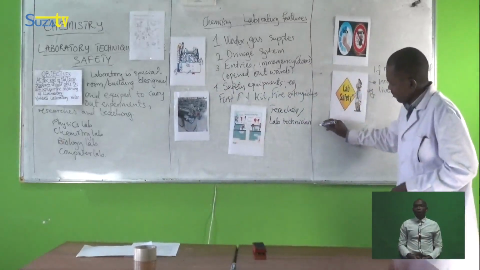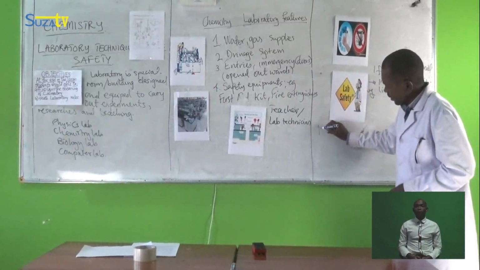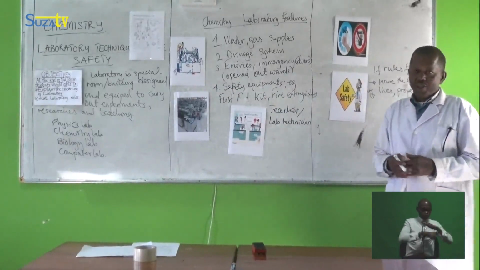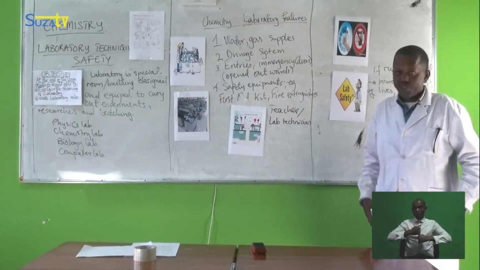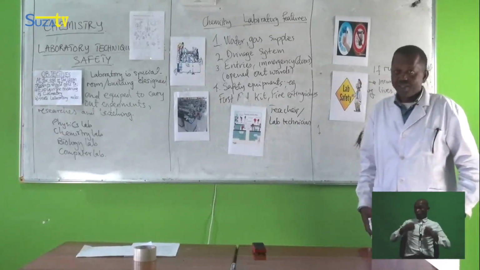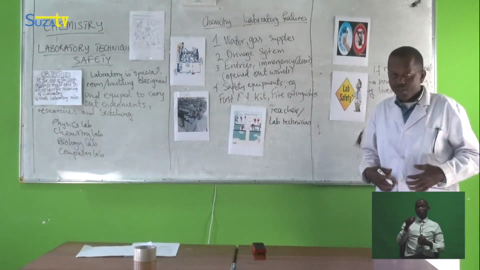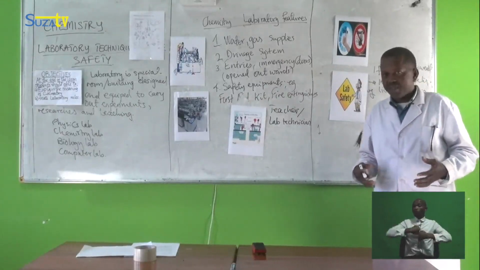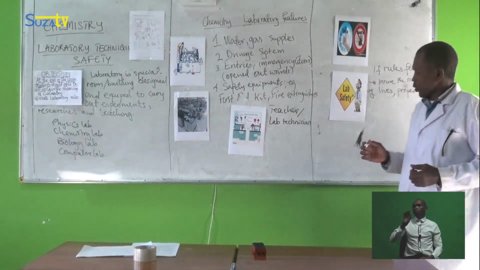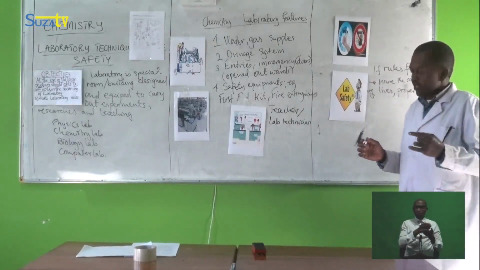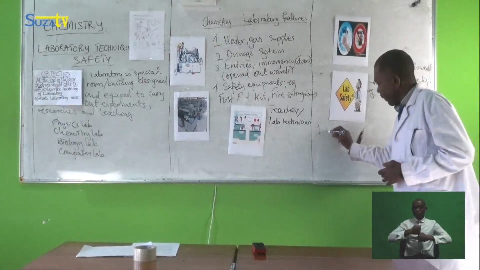Before entering laboratory, make sure that, as you see, I have that kind of coat, which is white in color. This is called lab coat. But sometimes you can even wear an apron. So make sure you wear properly.